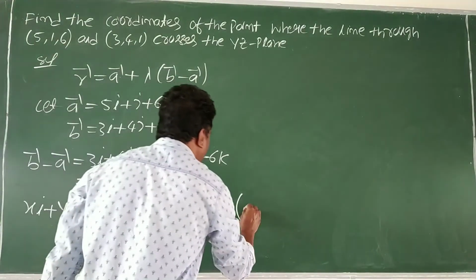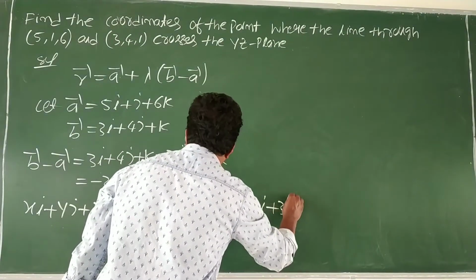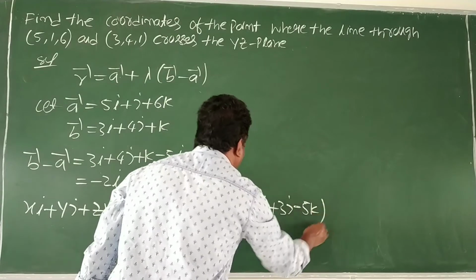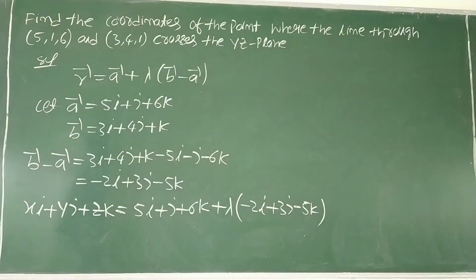Minus 2i plus 3J minus 5K. Now you collect X components, I components, J components and K components.